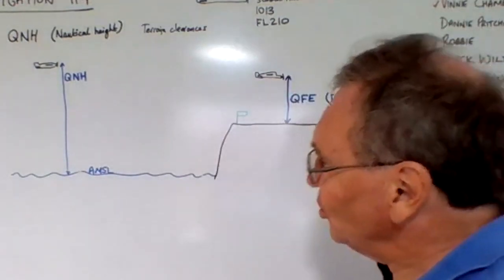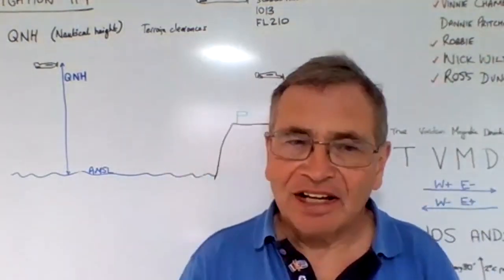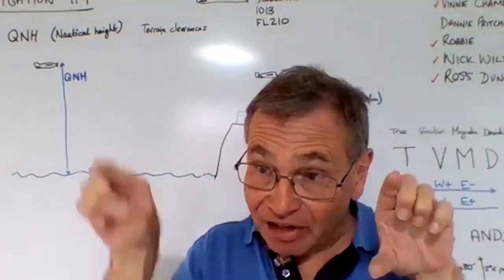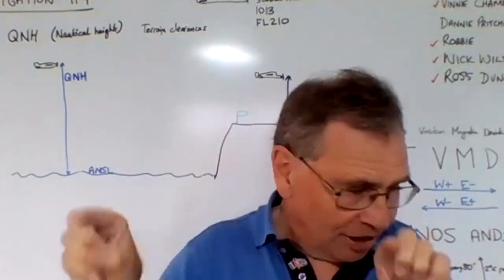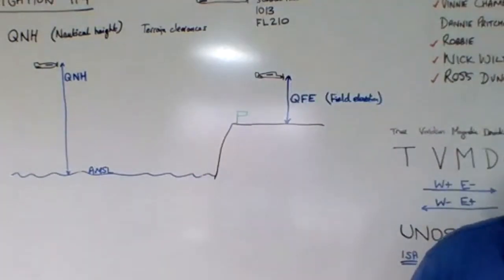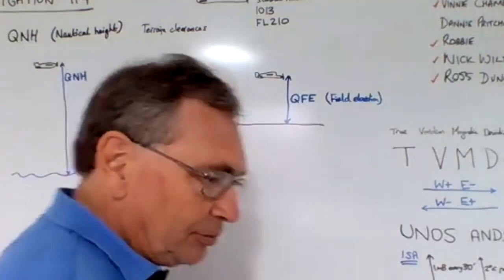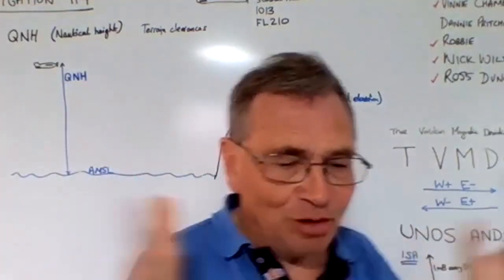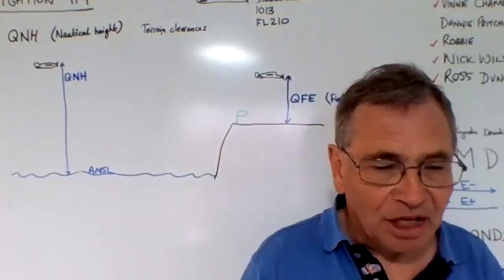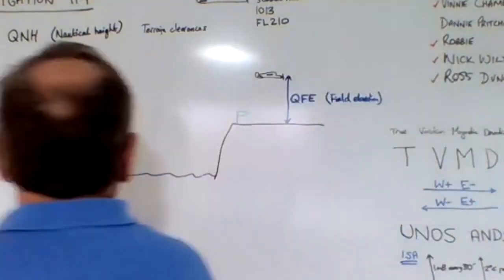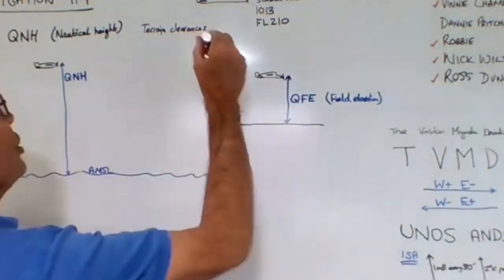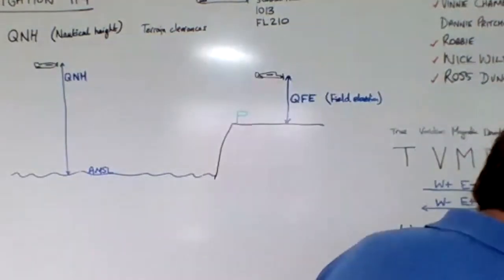So that means that we have this kind of area between flight levels and QNHs, a sort of no man's land, and we call this the transition layer.